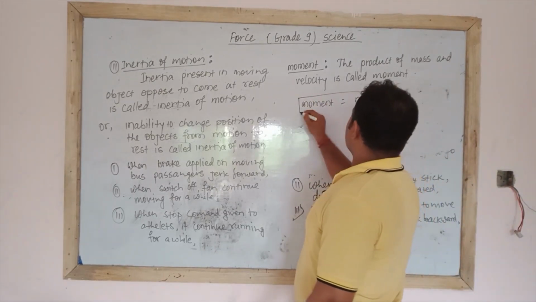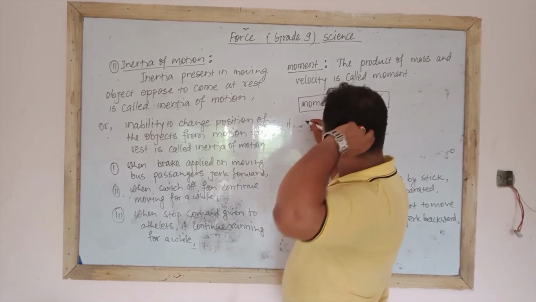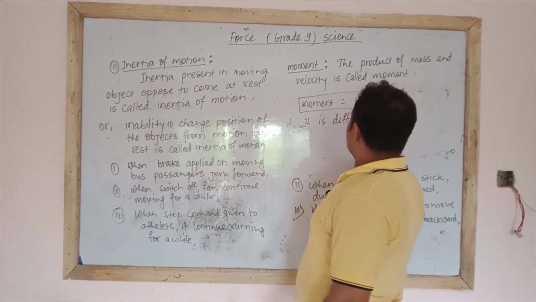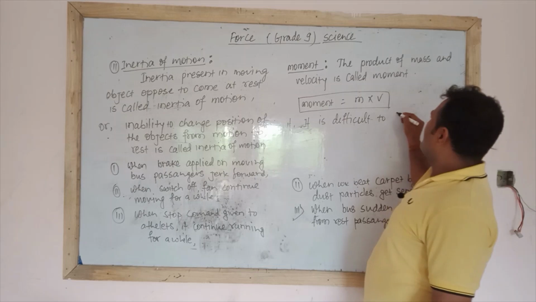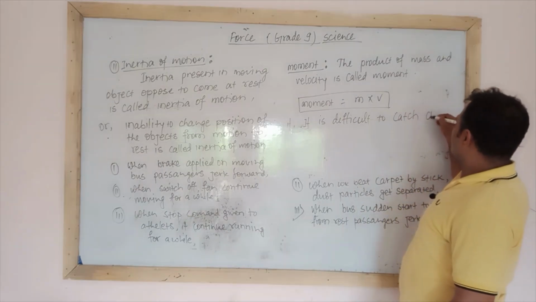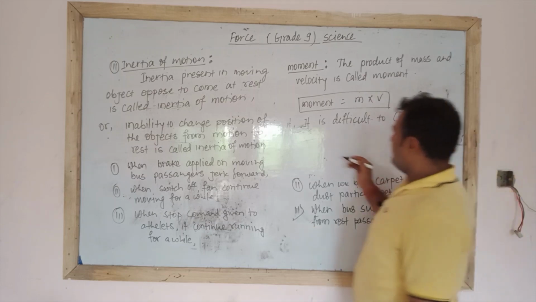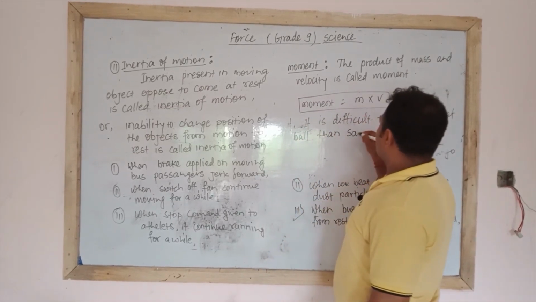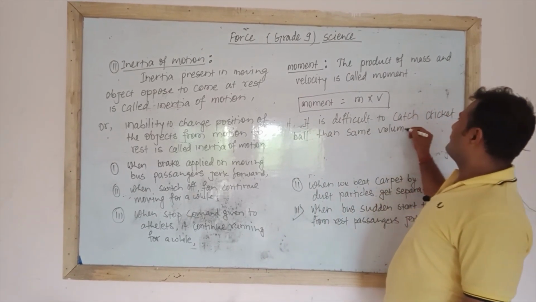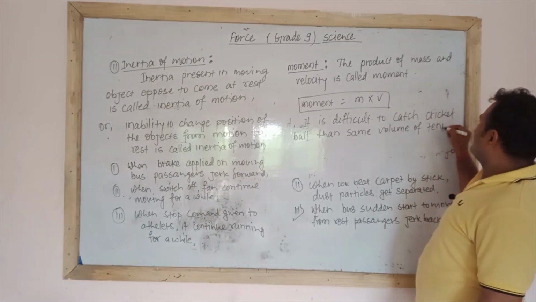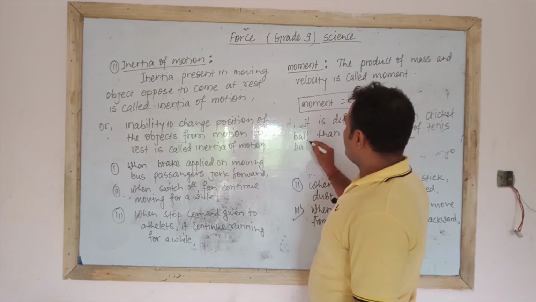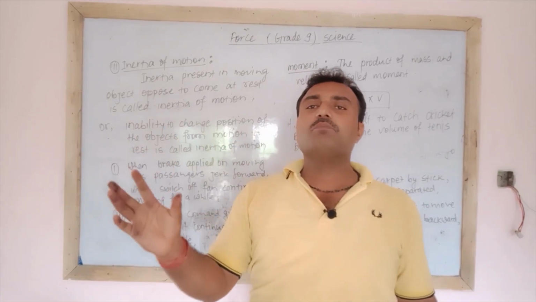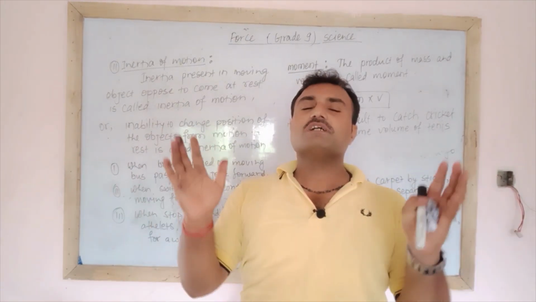As an example, it is difficult to catch a cricket ball compared to a tennis ball of the same volume. When you compare them, let me consider the volume of the tennis ball and cricket ball to be the same.